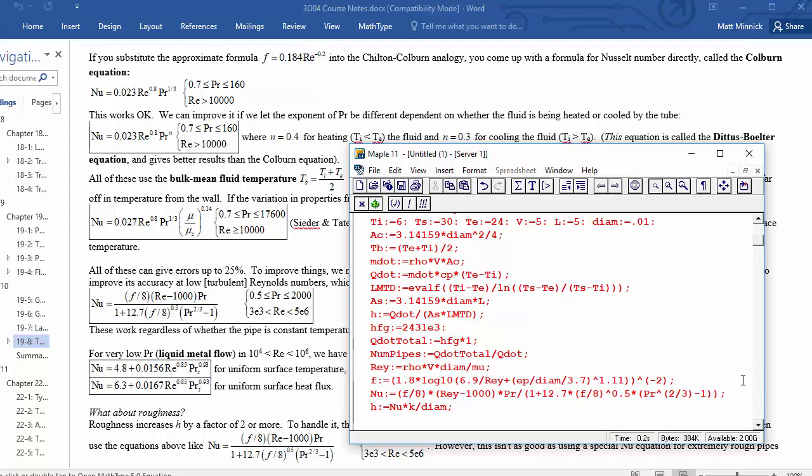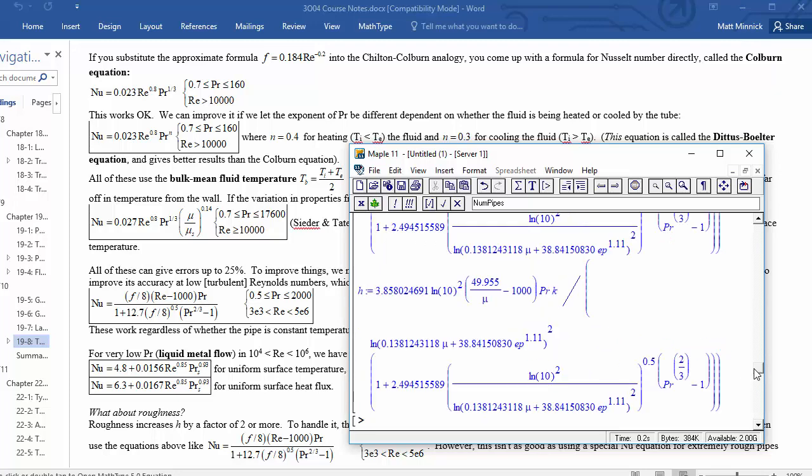In addition, this Nusselt number formula is really for smooth pipes, so we don't expect it to be super accurate for the roughness number. That means we would probably get a result that's not as accurate as the one that we got before. So more on that after we finish this calculation.